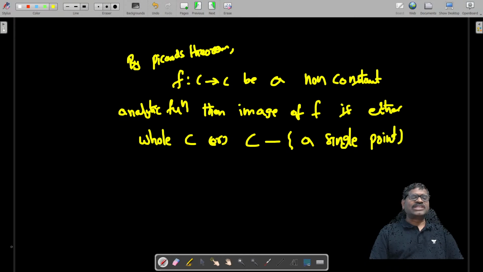Okay, na? Complex plane minus single point or whole complex plane.